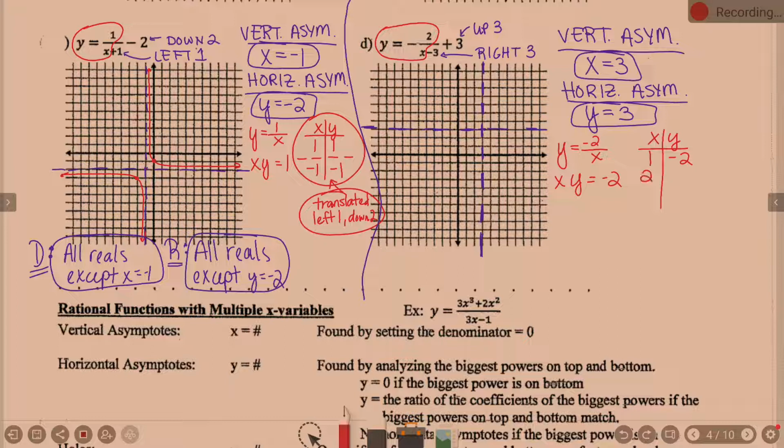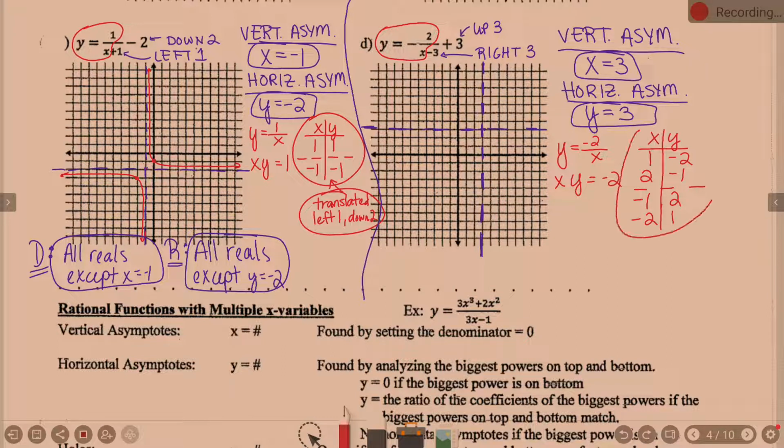And when I flip that, I'm going to say positive 2, negative 1. And then I kept both my x's positive this time. A positive x times a negative y multiplies to be negative 2, or negative x, positive y. And so that is negative 1 times 2 and negative 2 times 1.